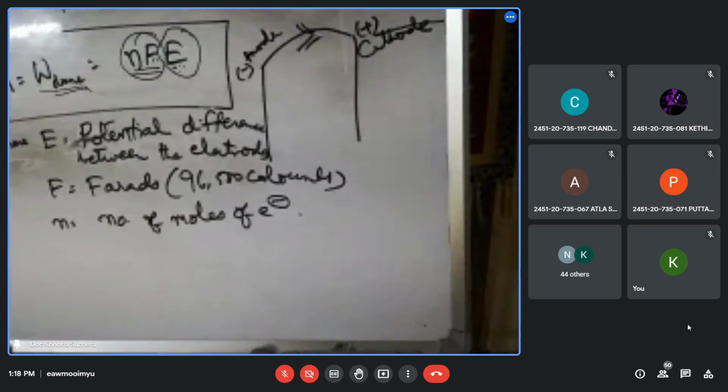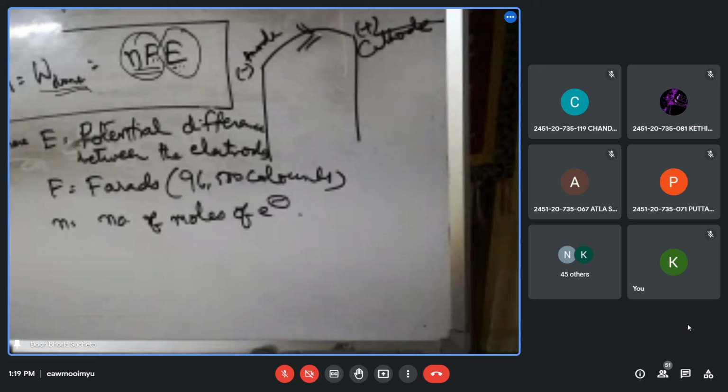Cell 1, zinc copper combination. Cell 2, iron lithium.